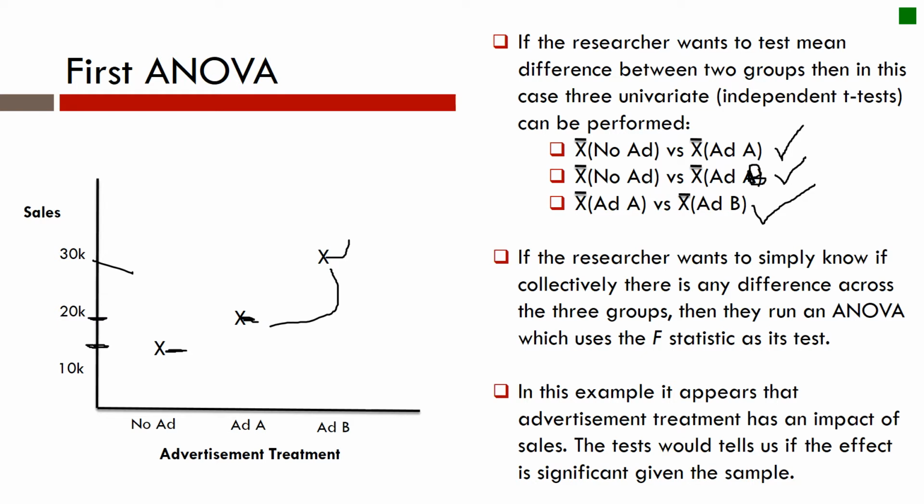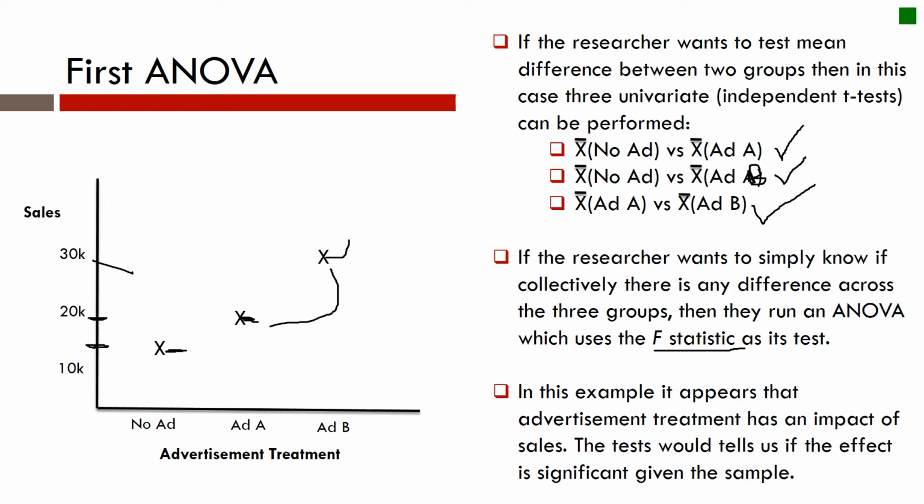If the researcher simply wants to know whether collectively there's any difference across all three groups, then we run what's called an ANOVA. The ANOVA would test whether the mean of no ad was equal to the mean of ad A, which was equal to the mean of ad B. That would be the F statistic that we would look at in ANOVA.